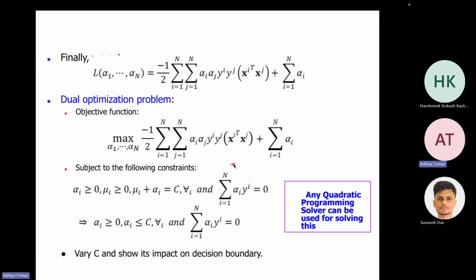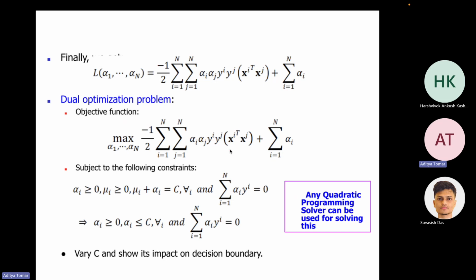Now, the major goal is, if you see, there is no W involved here, right? If there is no W involved, how will we get the optimal W? So we have to come back to the KKT third condition. Our final goal was to get this final W that will separate these two classes, right?